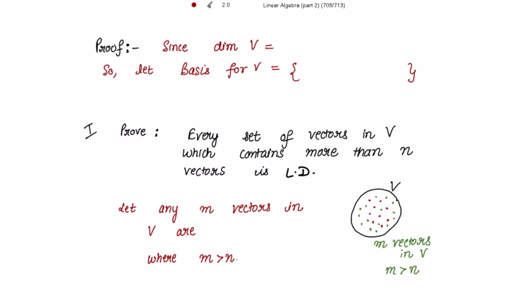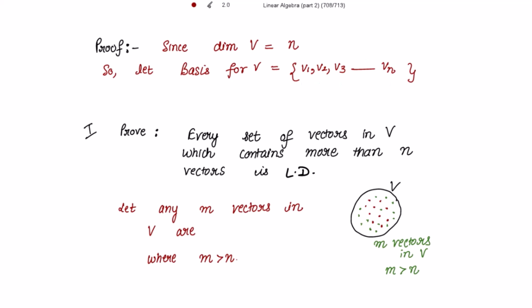Now since the dimension of V is equal to n, this is given to us, let's suppose the basis for V to be V1, V2, V3 up to Vn, having the number of vectors n.